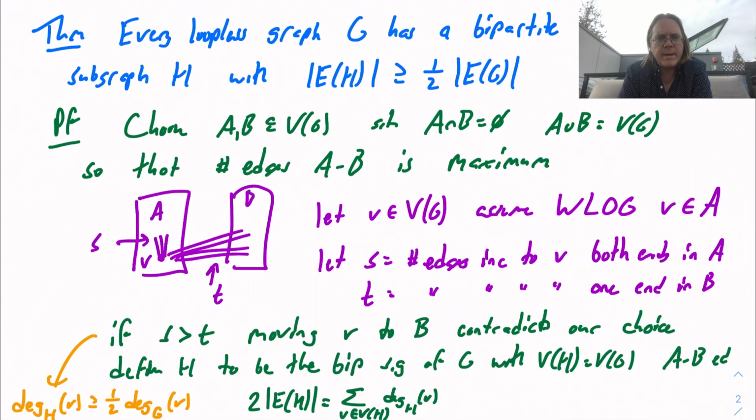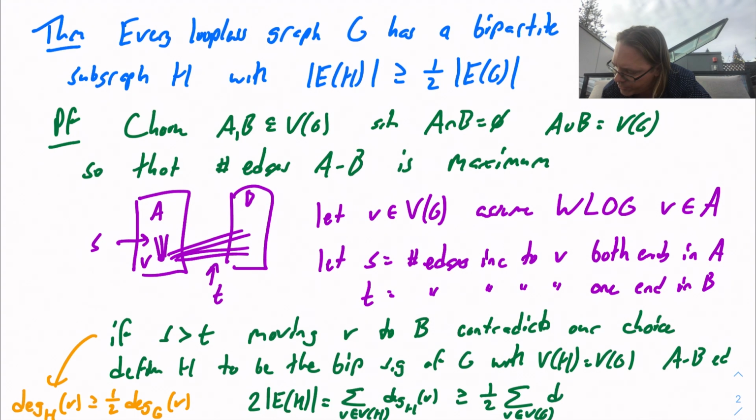But again, when I'm adding up the degrees of the vertices in H, those are always at least half of the degree in G. So this is always greater than or equal to 1/2 of the sum of the degree in the original graph G of V.